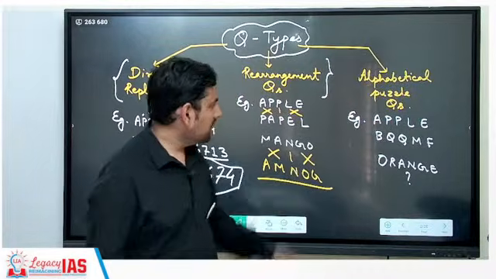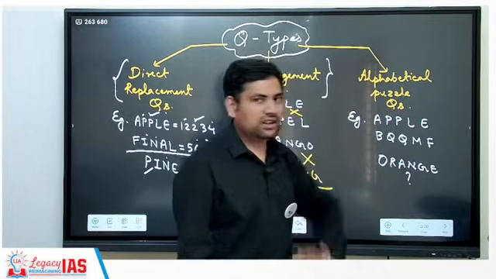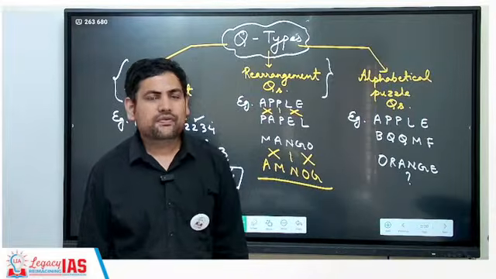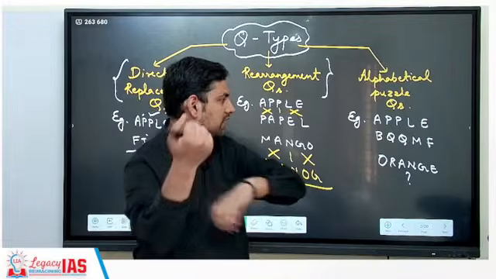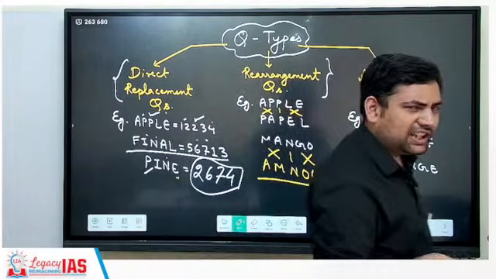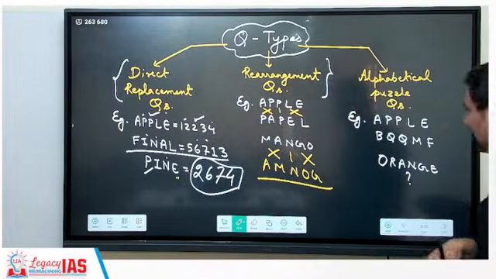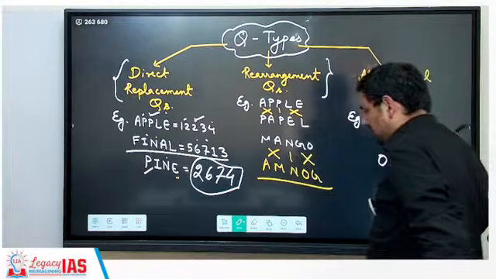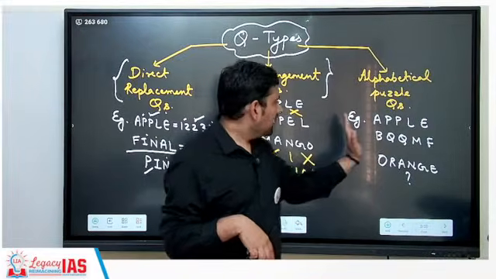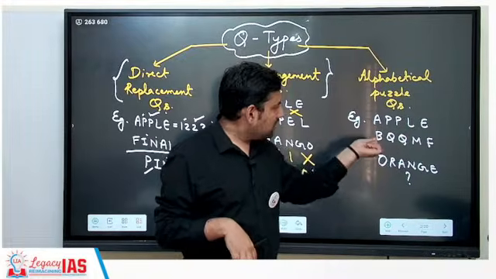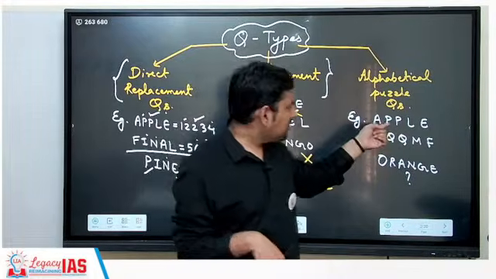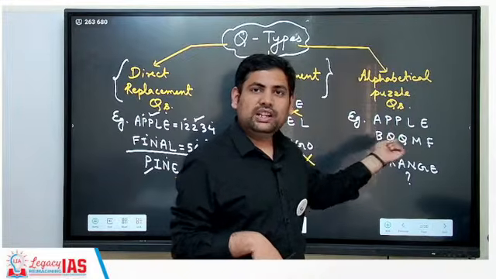Now we come to something known as alphabetical puzzle questions. This is also the most common type that we see. I have taken a very easy pattern as an example. Whatever word is there, the code for this word is different for each letter. It is not made up of the same letters as apple was.